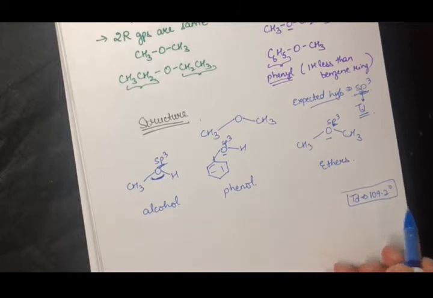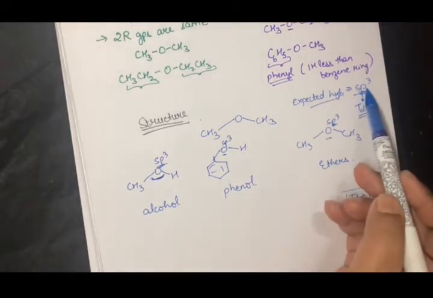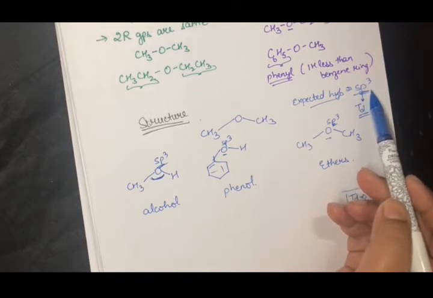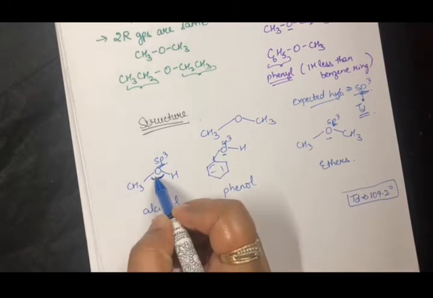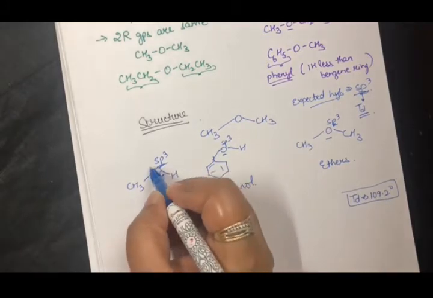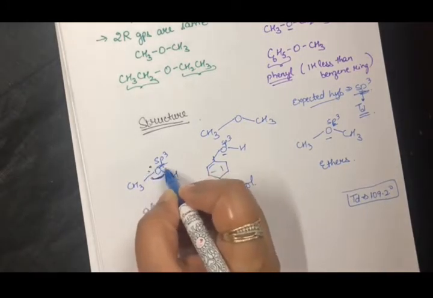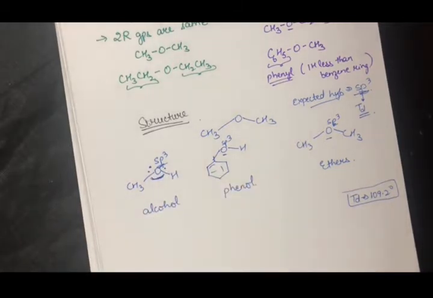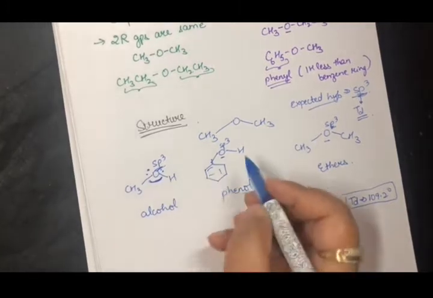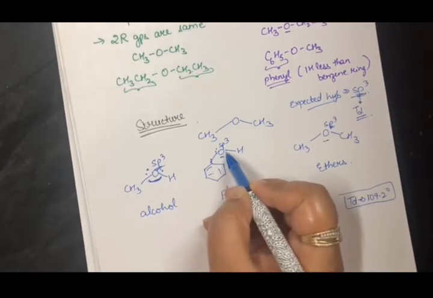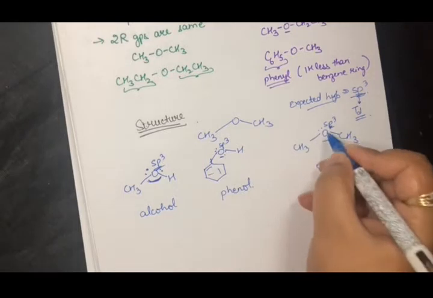Out of the 4 bonds which a tetrahedral sp3 structure should have, in this case 2 bonds are formed and there are 2 lone pairs. Similarly here there are 2 lone pairs on the oxygen atom and here also.